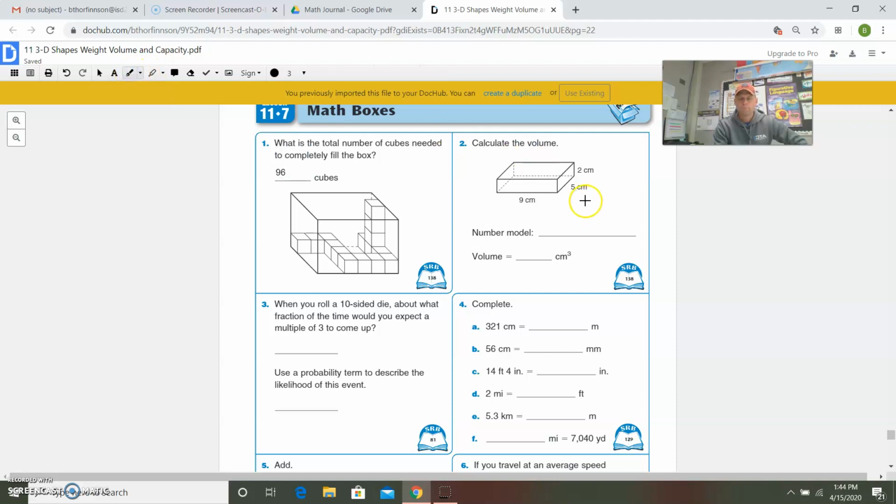For this one, again, we're going to figure out the area of the base. So we have 9 times 5.